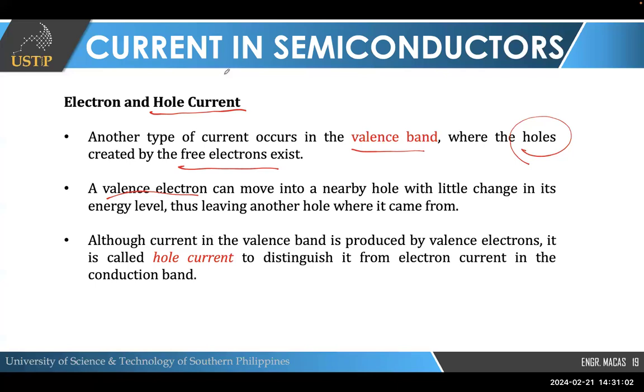But to distinguish it from your electron current, we call it the hole current. When your valence electron jumps from one hole to another, it's as if it's creating a hole current opposite to the direction of your electron current.